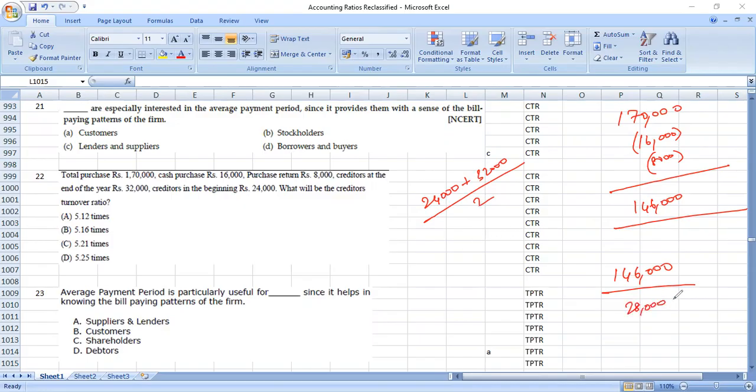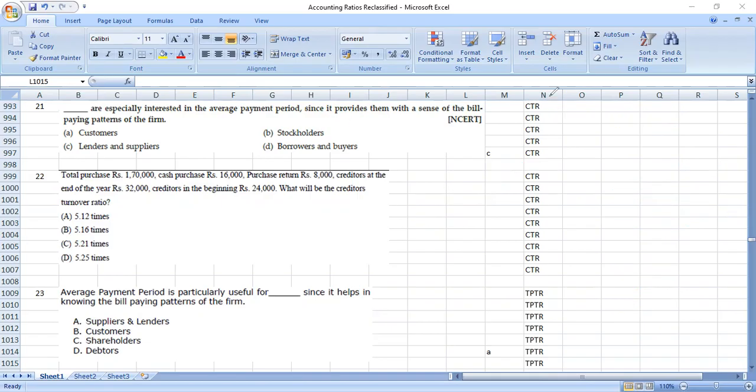Okay, so 1,46,000 divided by 28,000. That will be 5.21 times. Okay, I used a calculator. I don't know if you're able to see it. 5.21 times.